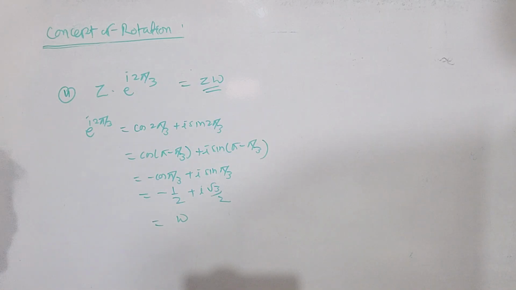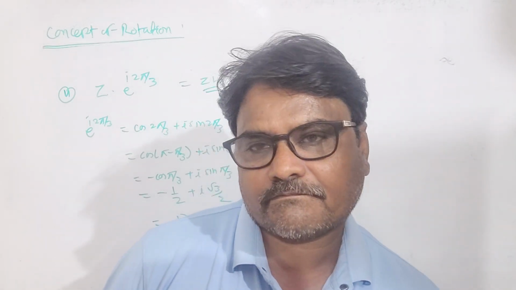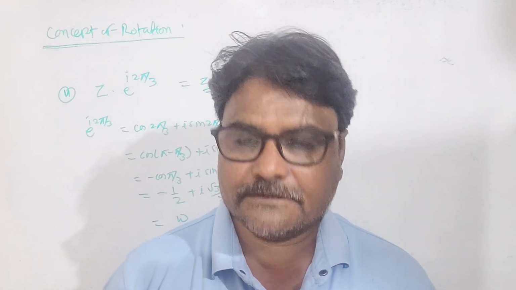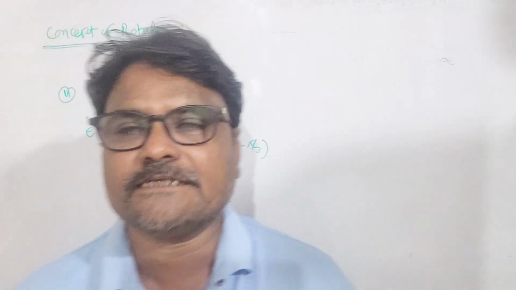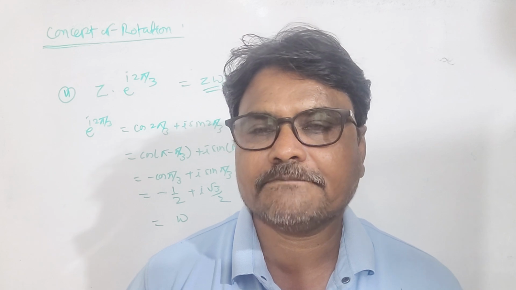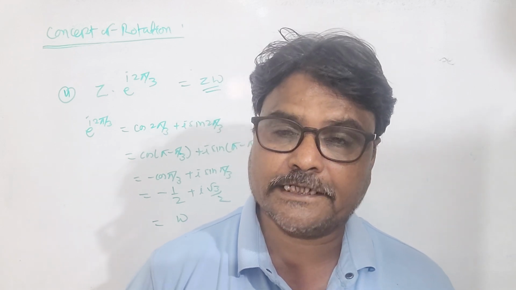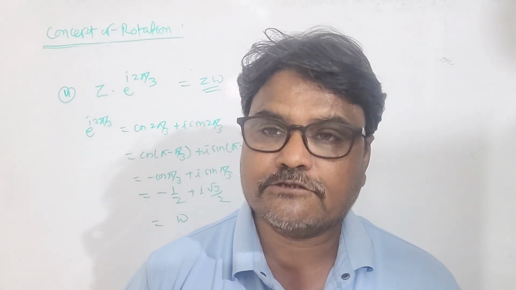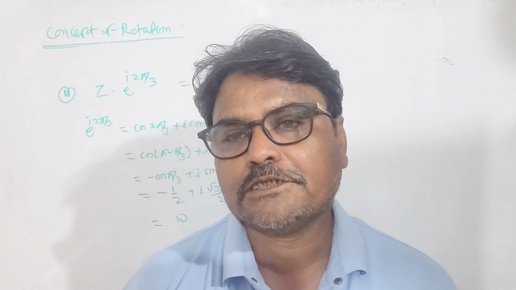So when we rotate the complex number, now you have to understand geometrically that interpretation as well. When we multiply any complex number by e to the power iota 2 pi by 3, that means the complex number is being rotated 120 degrees in the anti-clockwise direction and the new position is z omega.